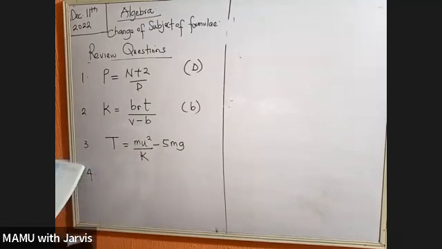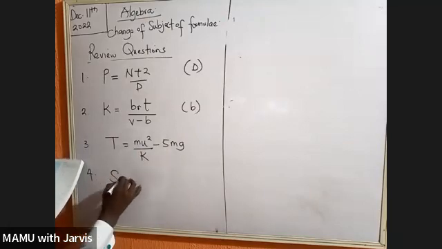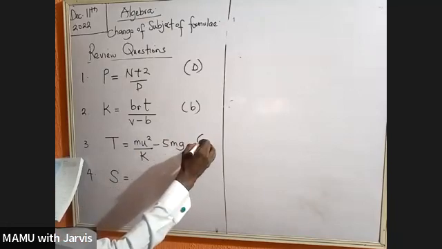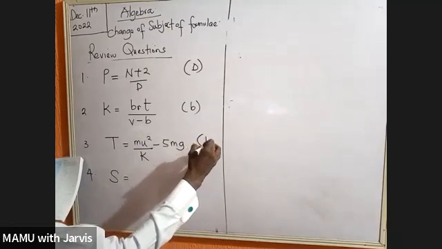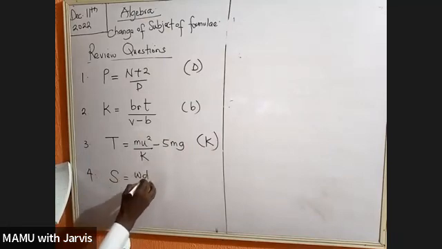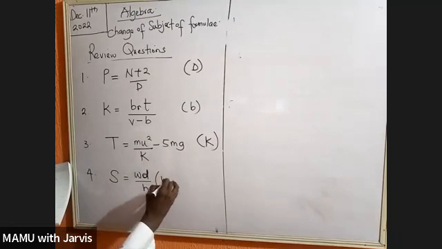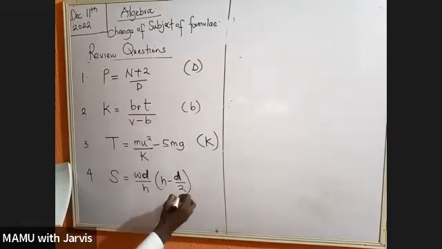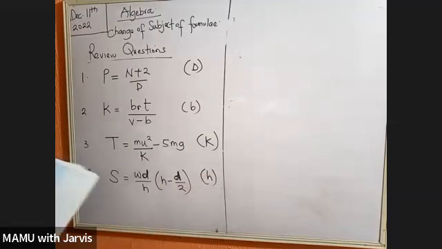Number 4, S is equal to, okay, I have to make K the subject of the formula here. Then the next one, S equal to WD over H into H minus D over 2. Make H the subject of the formula.